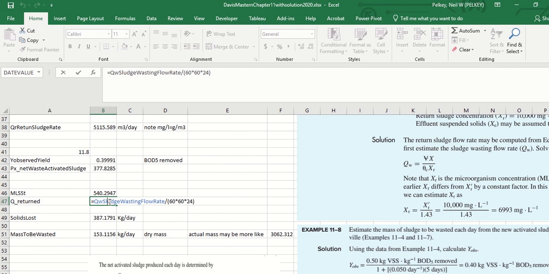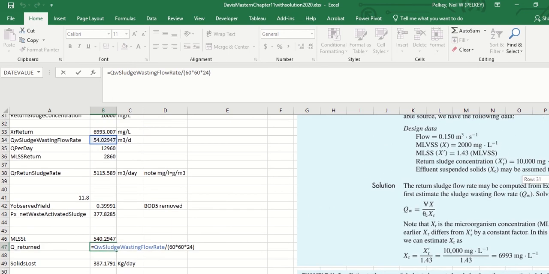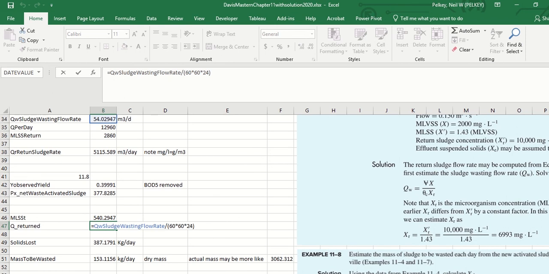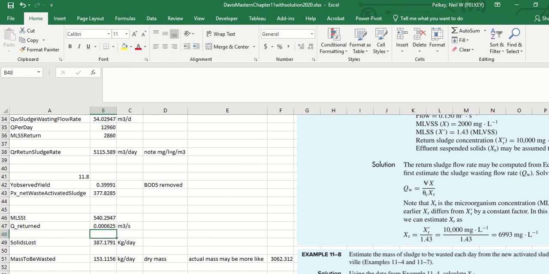And so this is our solids wasting rate, which we calculated back up here, divided by the cubic meters per second. And so that gives us our solids loss, which is the existing flow, which is our 0.15 cubic meters per second minus the 0.006 cubic meters per second.